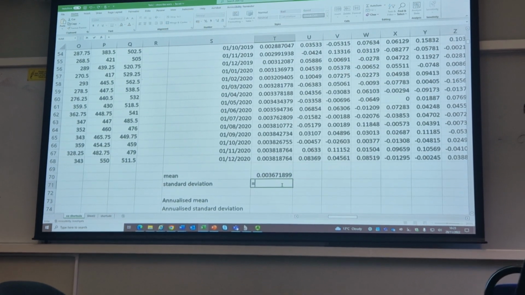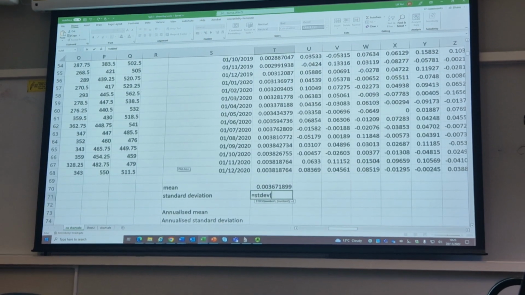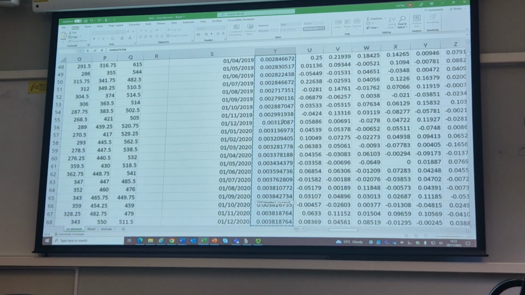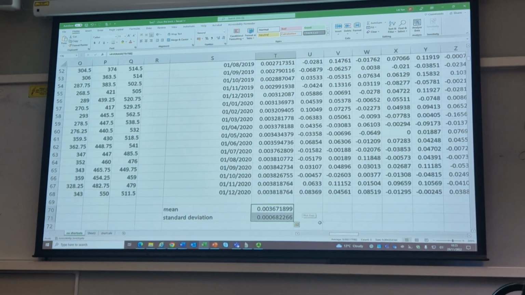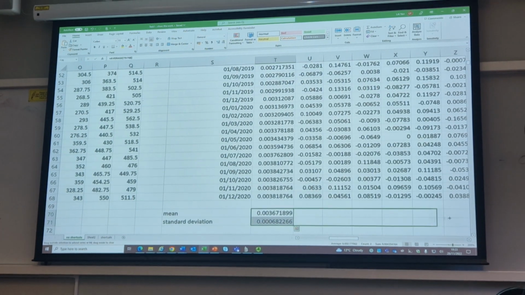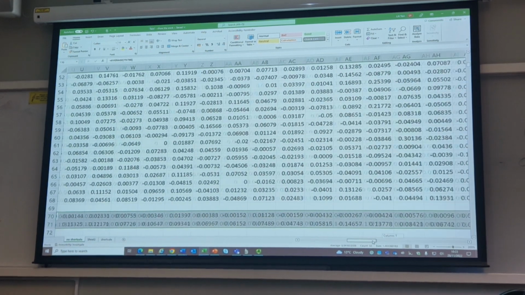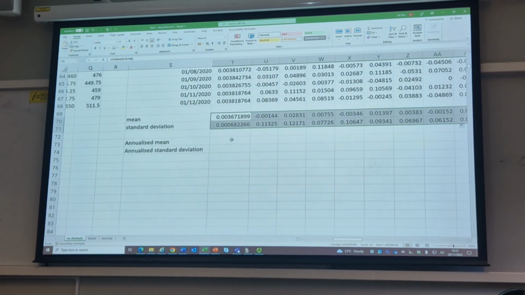For standard deviation, we use the STDEV function, and then highlight the whole data. For the remaining assets, we just drag it to the right hand side. So that is the mean return and the standard deviation.